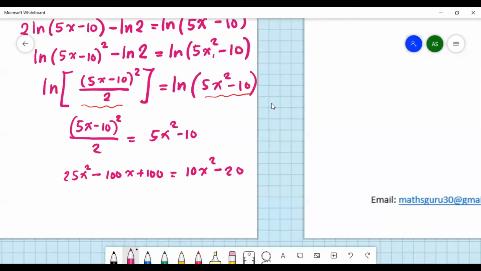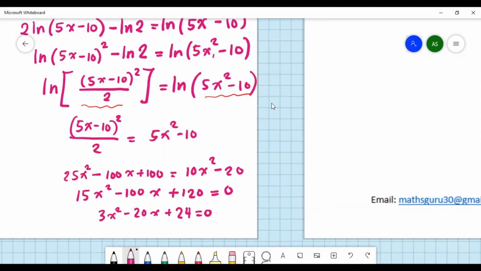Transfer everything to the left side, so that will give us 15x squared minus 100x plus 120 is equal to 0. I think everything is divisible by 5. So this will give us 3x squared minus 20x plus 24 equal to 0.